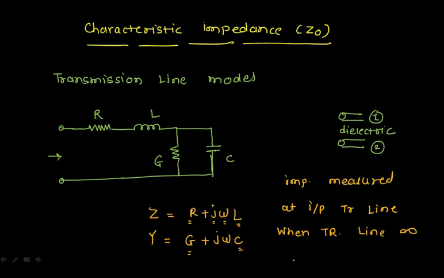So if you want to measure it, Z0 is equal to, you can write here, the square root of R plus J omega L divided by G plus J omega C. Okay, suppose whatever my transmission line is, that it is the ideal transmission line. In this ideal transmission line I'll have only two components.